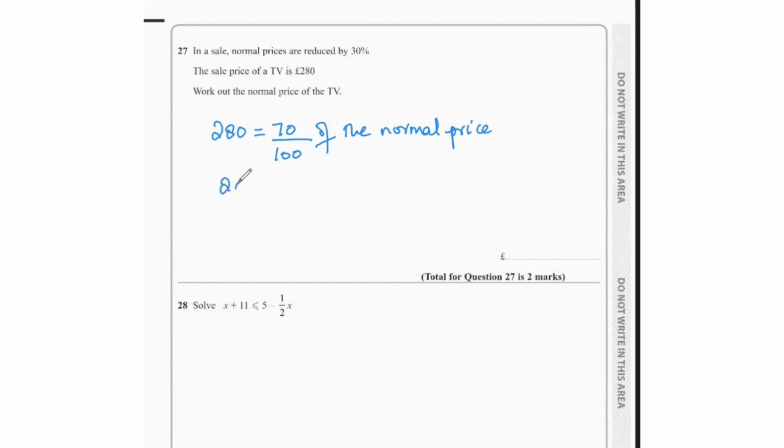So that's going to be 280 times 100 divided by 70 equals the normal price. Cancel out the zeros, 7, 1, 4, so that's £400. That's your answer.